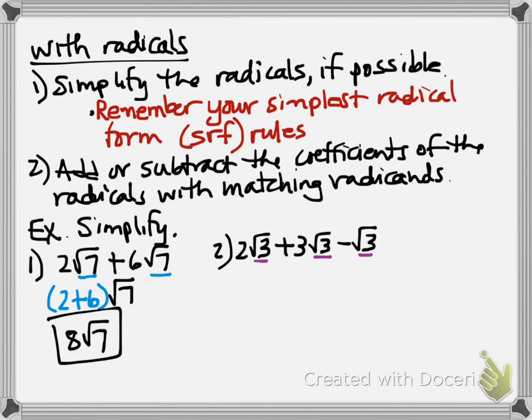If they all match, then take your coefficients and do the math it tells you. Now notice I have 3 terms, so I have to have 3 coefficients. The third one doesn't have a coefficient written out, so we know that anytime we don't see a number, it's always 1. And then we have a radical 3. So I have 2 plus 3 is 5. 5 take away 1 is 4. So my answer is 4 radical 3.